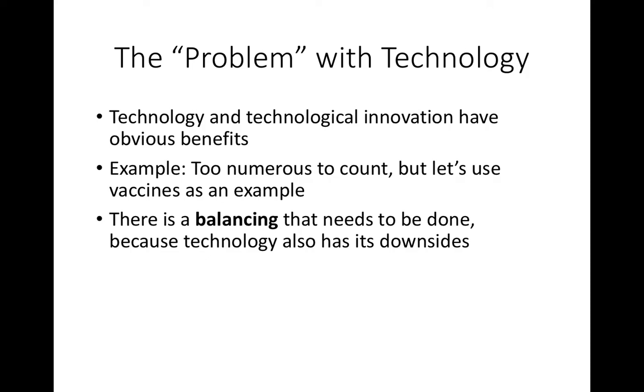So the U.S. was able to essentially eradicate polio because of widespread polio vaccination efforts. Young children are now vaccinated against hepatitis A, hepatitis B, pertussis, diphtheria, all sorts of things. And these really have huge benefits. They've lengthened the lifespan of Americans and of citizens across the world.